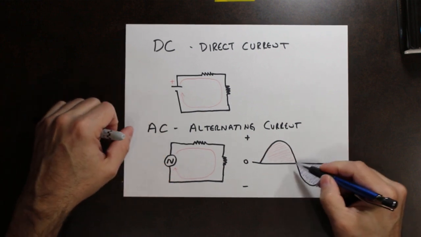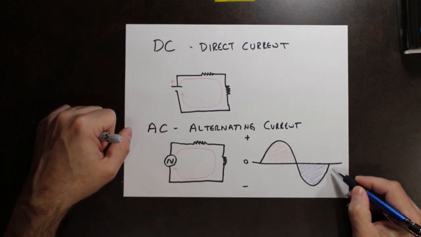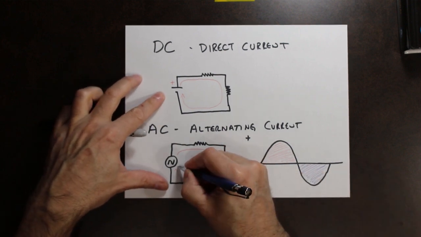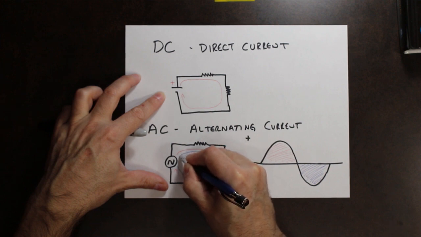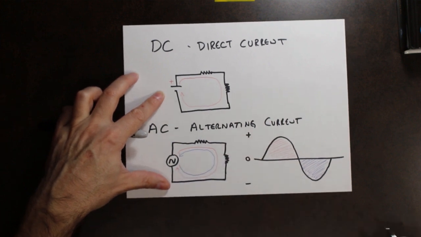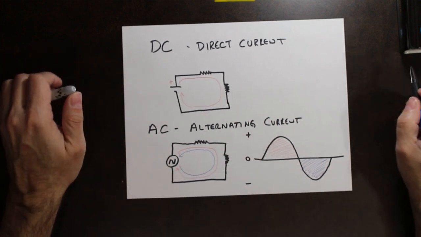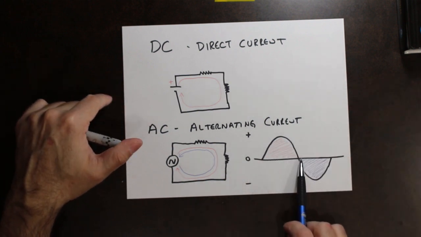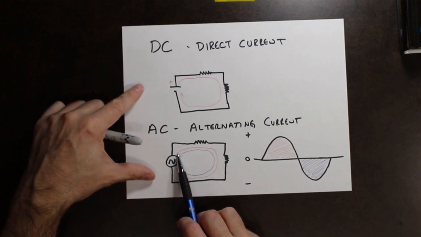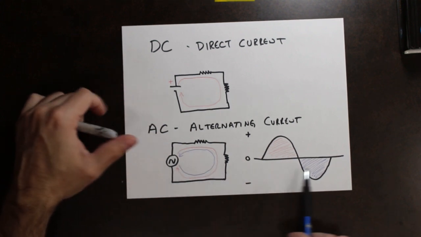The negative side, for the length of that part of the waveform, the current actually changes direction and flows opposite. So in this positive part of the waveform, the current is flowing in this direction.